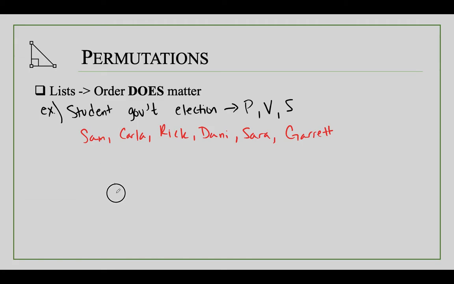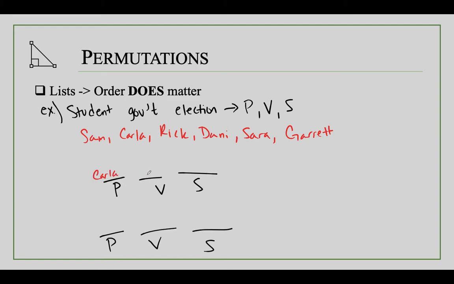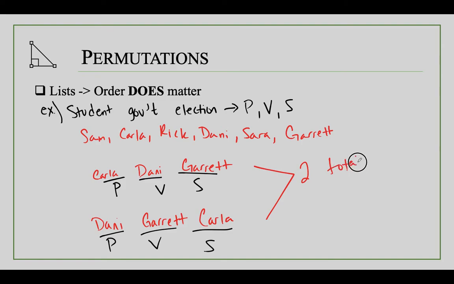Would we agree that if in my president spot, if I have Carla, Danny, and Garrett versus Danny, Garrett, Carla, we have those same names, but these are two totally different outcomes. So essentially, that's why order matters.